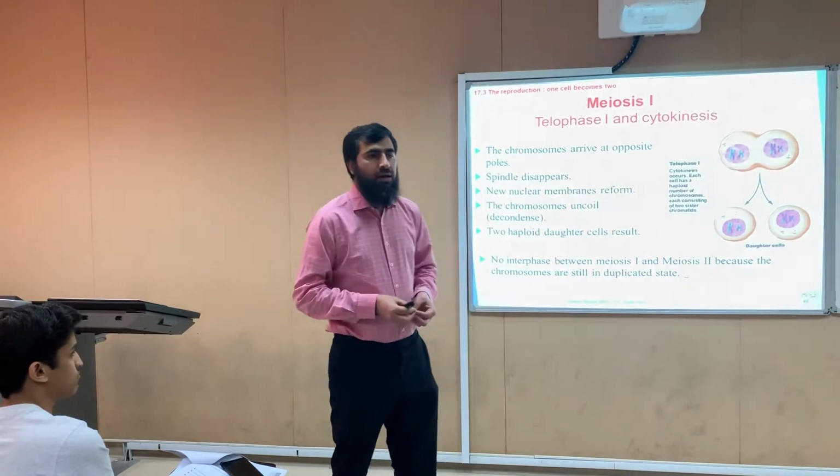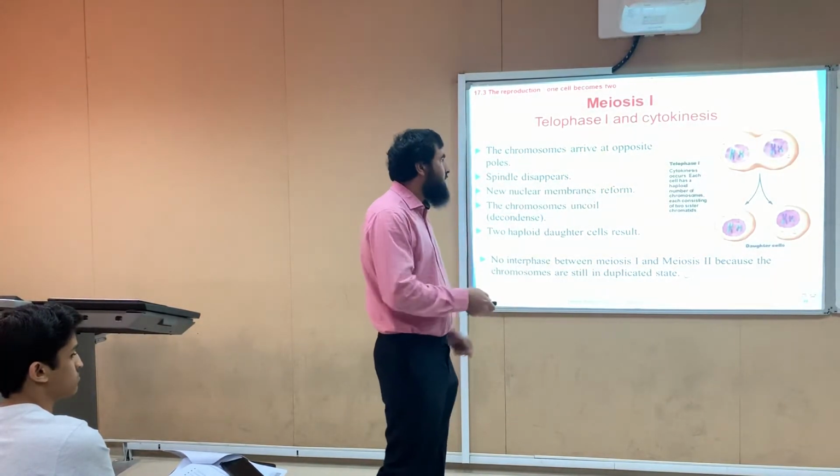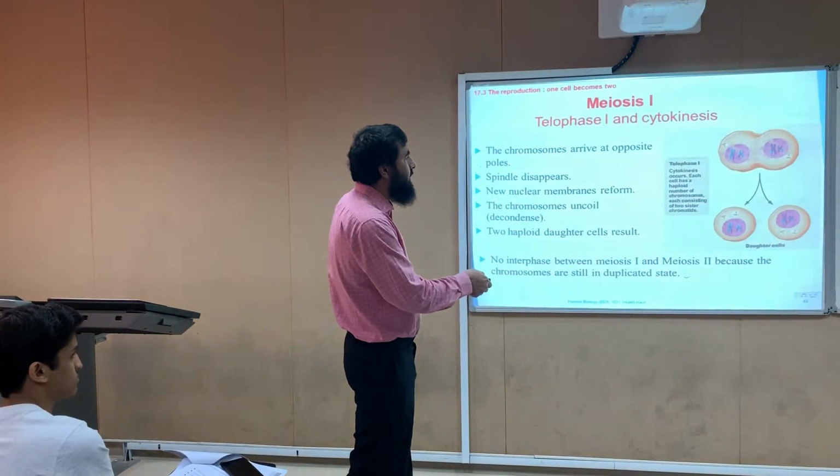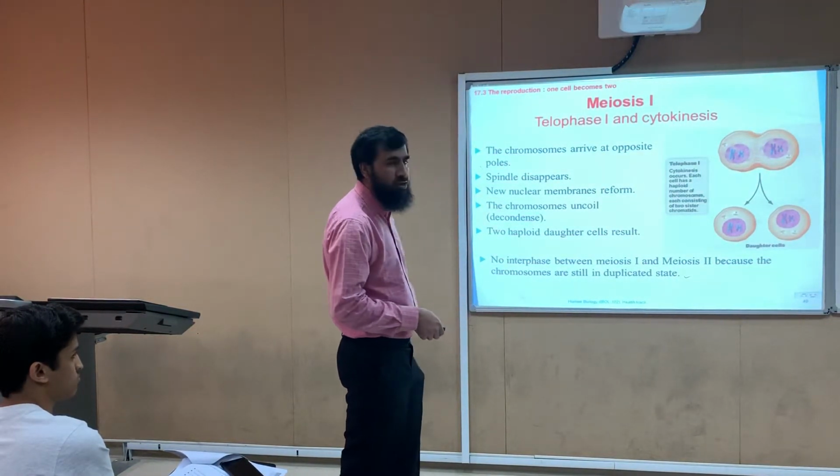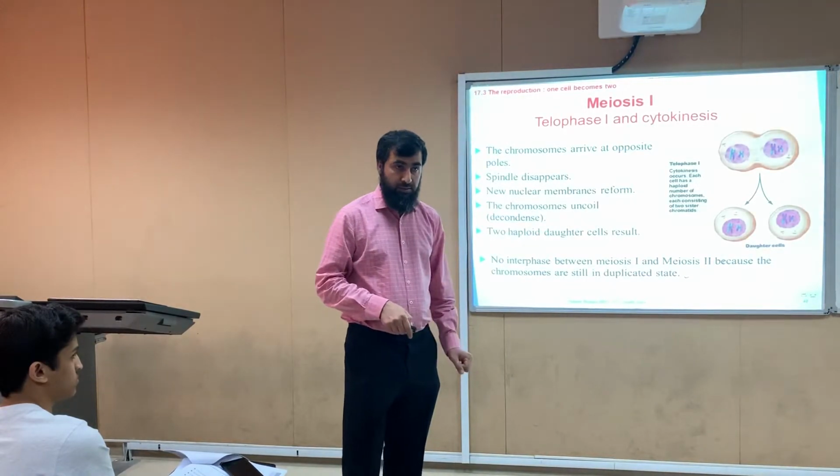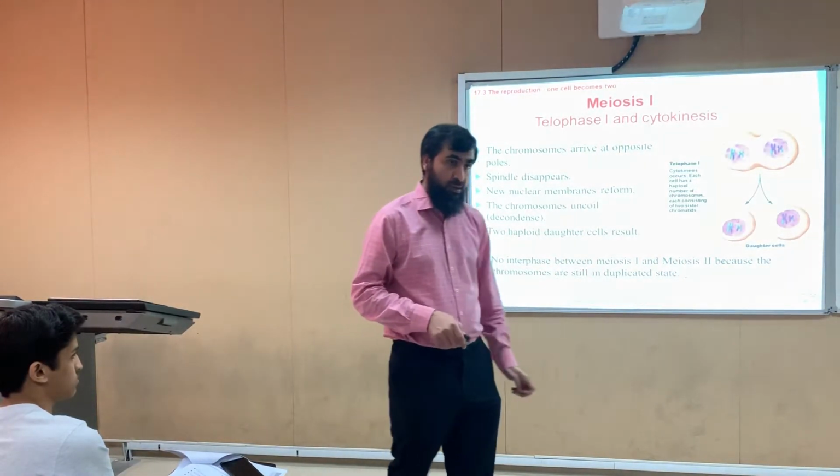The chromosomes decondense, the nuclear membrane reappears, and you end up with two non-identical haploid cells. What happens in the anaphase?